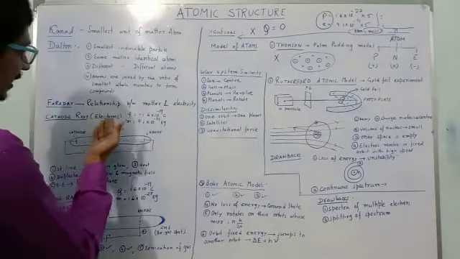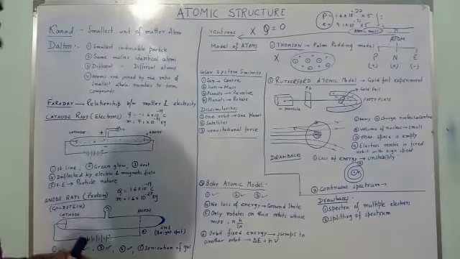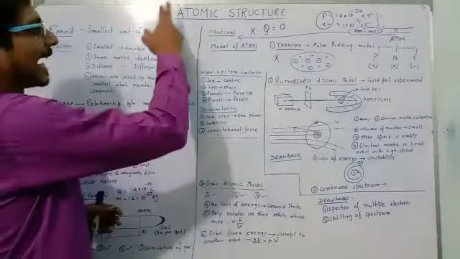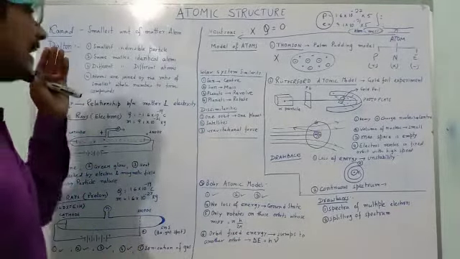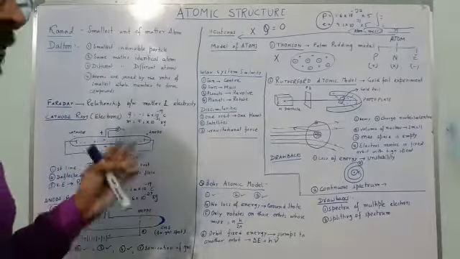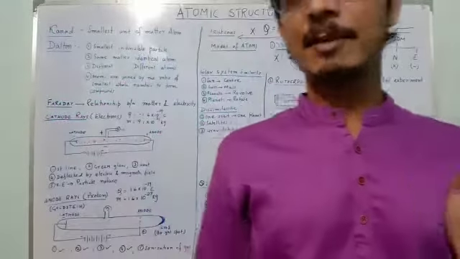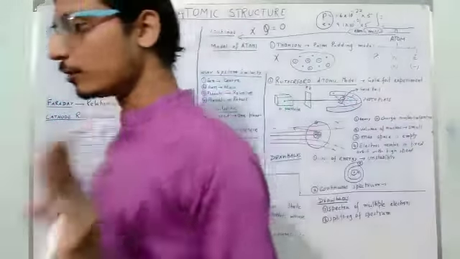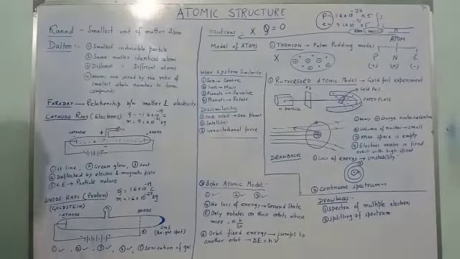So first of all, the negatively charged particle electron was discovered. But we know that an atom is neutral in charge. So if some negatively charged electrons are present in an atom, there must be some positively charged subatomic particle to neutralize those electrons.